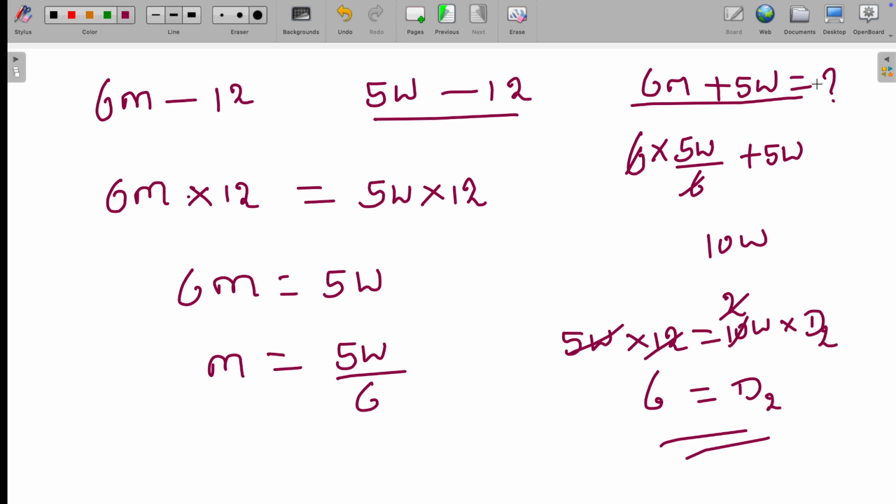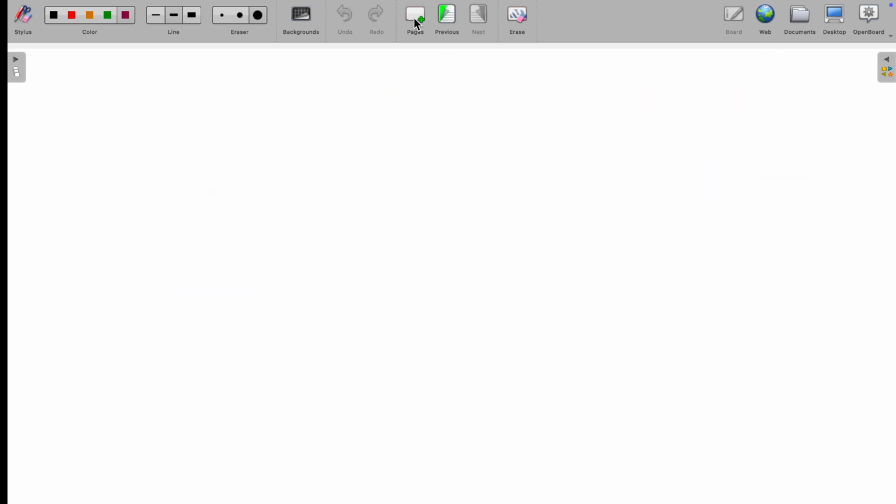Okay, last one question: wages. So how to distribute wages? For example, I have 600 rupees. This is the amount I have to give. A can complete a job in 10 days. B can complete a job in 20 days.